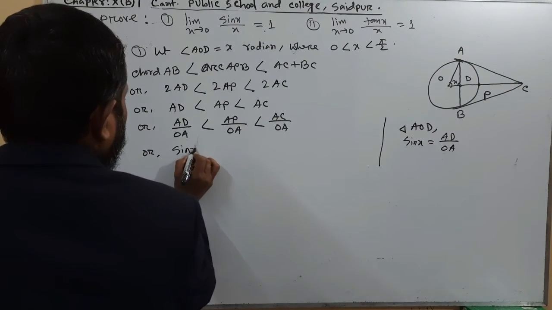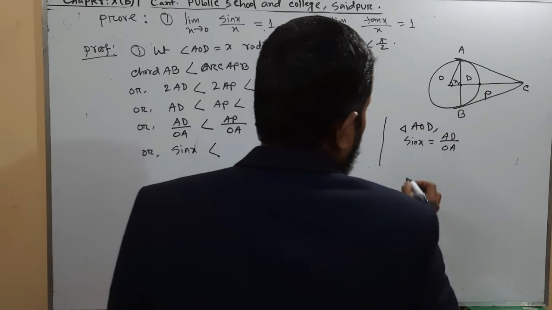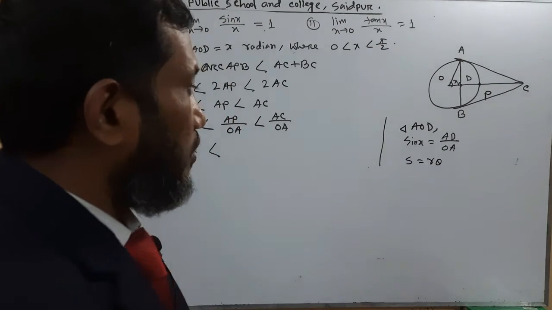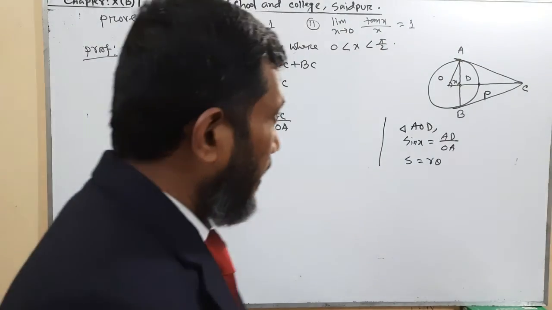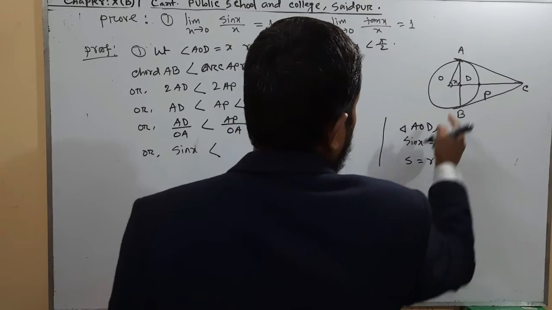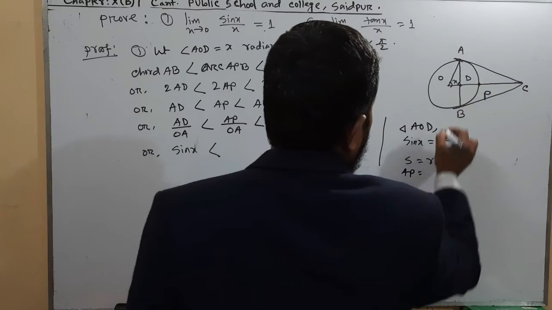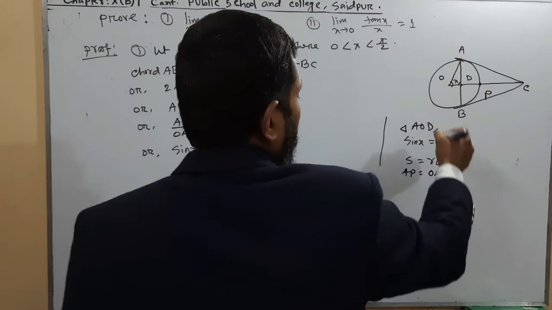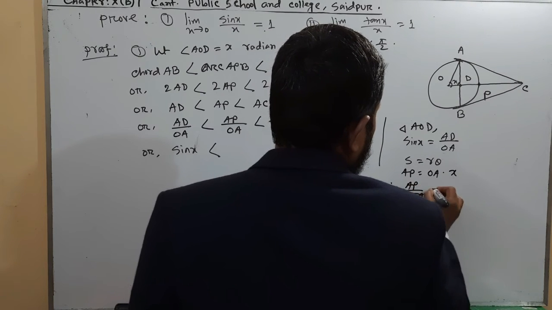We can write AD by OA is sin x. We know a formula S is equal to r theta. Here S is the length of arc, r is the length of radius, and theta is the angle produced at center. Now S, the length of arc, is here AP, radius is OA, and theta we know is angle x. So we can write AP by OA is equal to x.